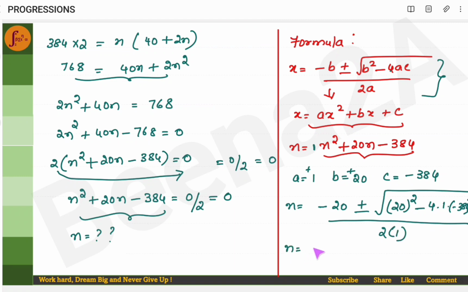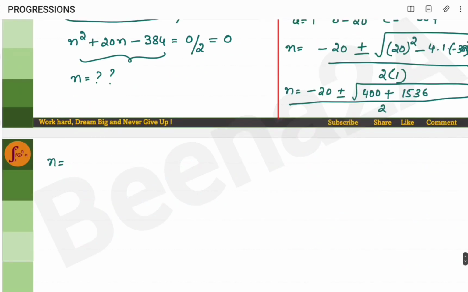So we'll get n is equal to minus 20 plus or minus root of 20 square is 400, minus into minus becomes plus, 384 into 4 is 1536, by 2. So we'll get n is equal to minus 20 plus or minus root of 1936, I'm adding these two, by 2.